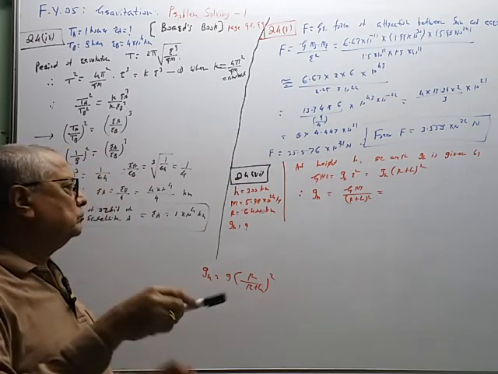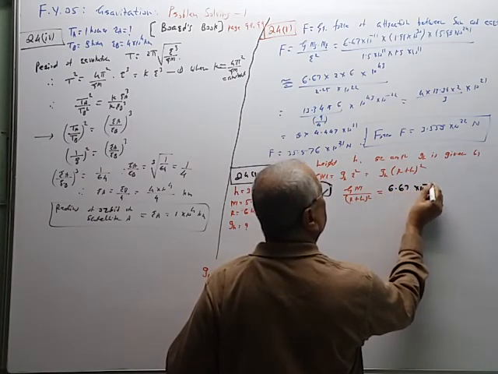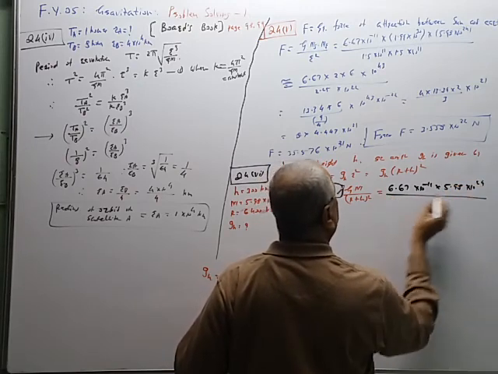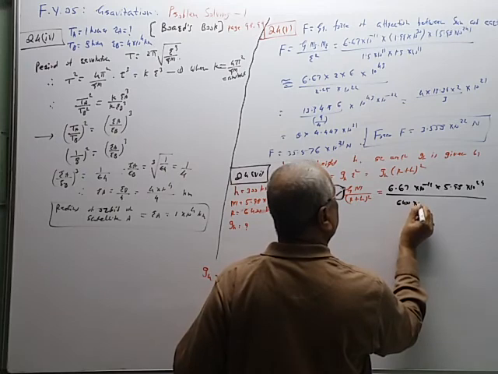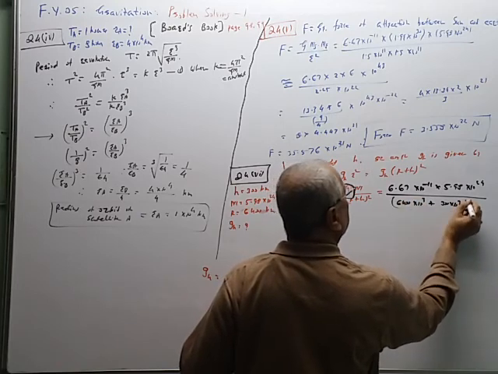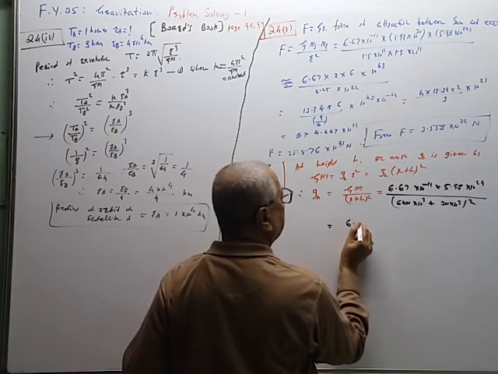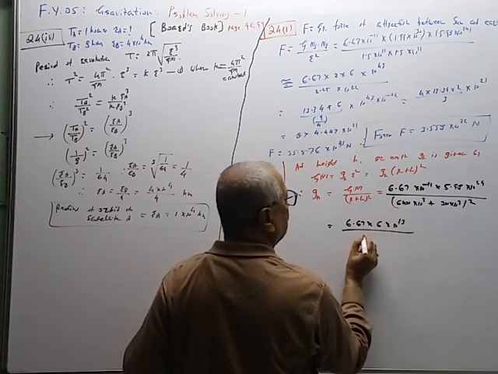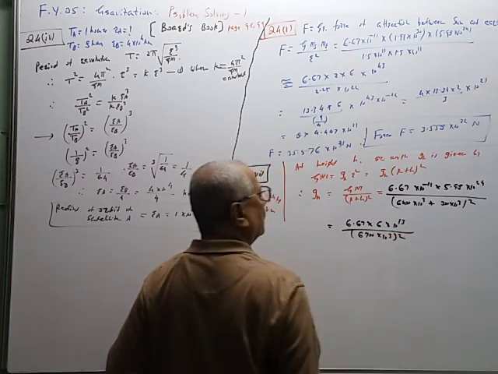Substitute. So 6.67 into 10 to minus 11, 5.98 into 10 to 24 upon R, which is 6,400 kilometer into 10 to 3 plus 300 into 10 to 3, bracket square. So substitute, this is nearly 6, upon approximate calculation, 4 bracket square.